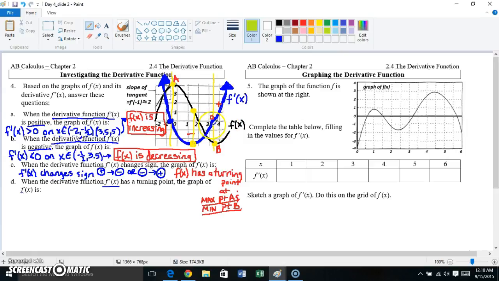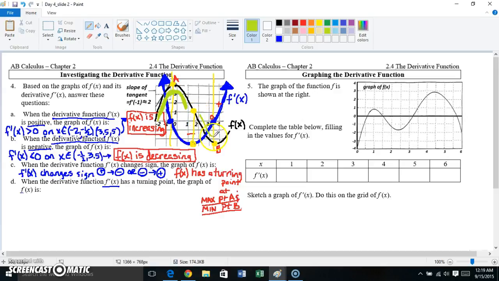Okay, taking a look, here our function, I'm going to highlight this here in green. Our function is called concave down, kind of like a frown, concave down.